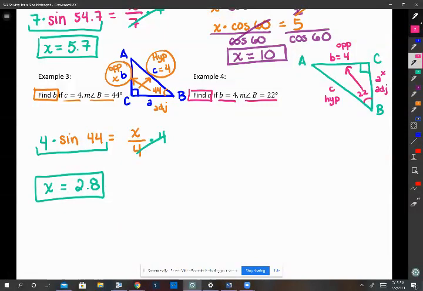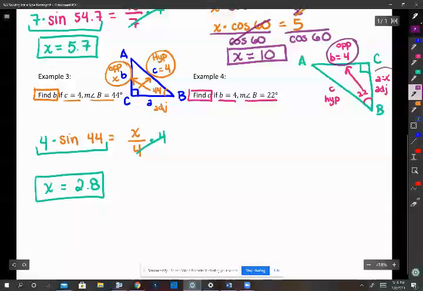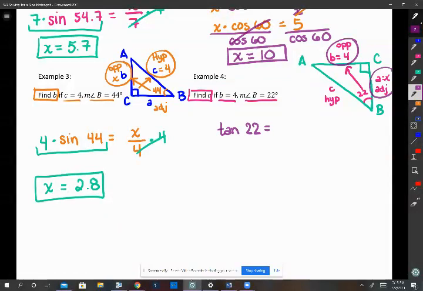So I guess we could just write A is equal to X. Now as we look at it, we have value in two pieces: the opposite side and the adjacent side. And opposite and adjacent is tangent. So we're going to go tangent of 22 is equal to opposite, which is 4, over adjacent, which is x.